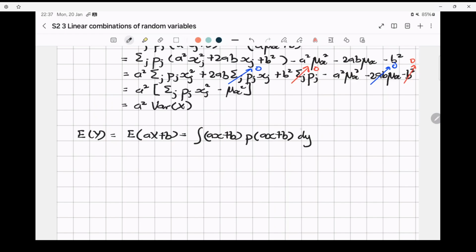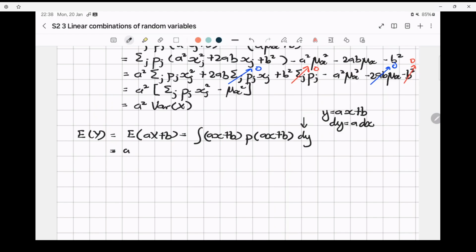So notice that you need to change this to dx. This is basically integration by substitution. So if y equals to ax plus b, then dy will be equals to a dx. So this whole thing becomes, let me break this down.